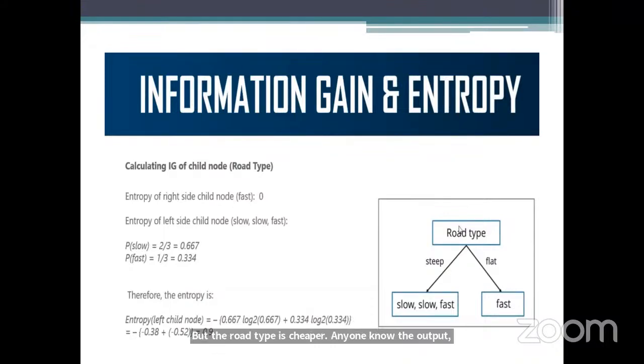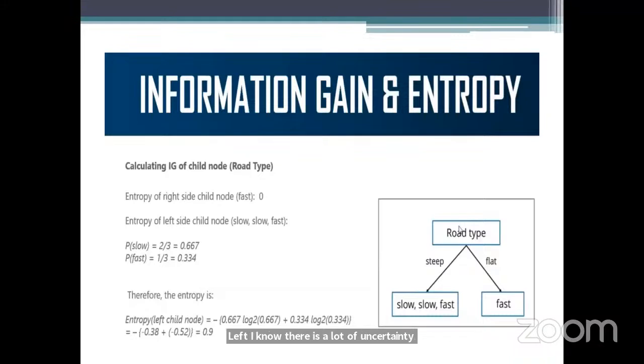So start by calculating the entropy of both the right hand side and left hand side of the decision tree. The entropy for the right child node will be 0, so there is no uncertainty. In the left child node there is a lot of uncertainty.